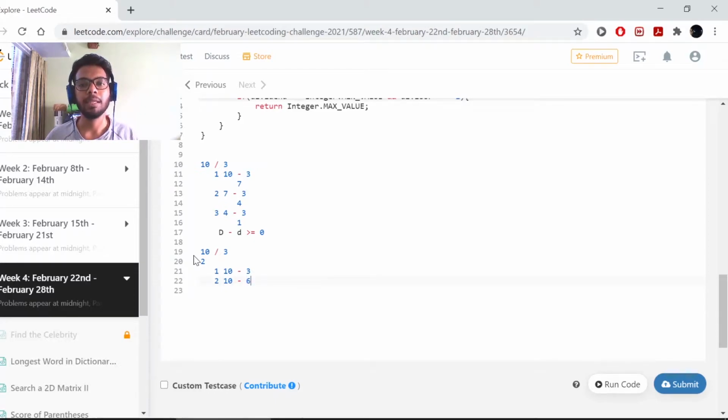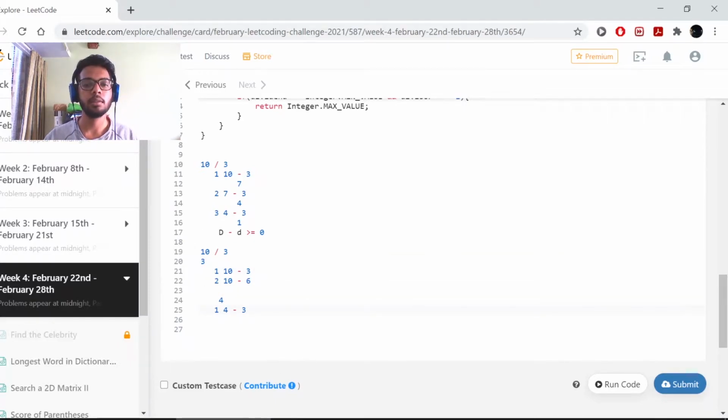So the maximum value that we can take away from this 10 is this 6, so let's do that, and it becomes a 4. Now let's check if we can take away this 3 from this 4 once. Yes, we can. Again, let's try to take away this 6 from this 4. Can we do that? No, we cannot. So this is just 1, and we increment it, and hence there we have our value.